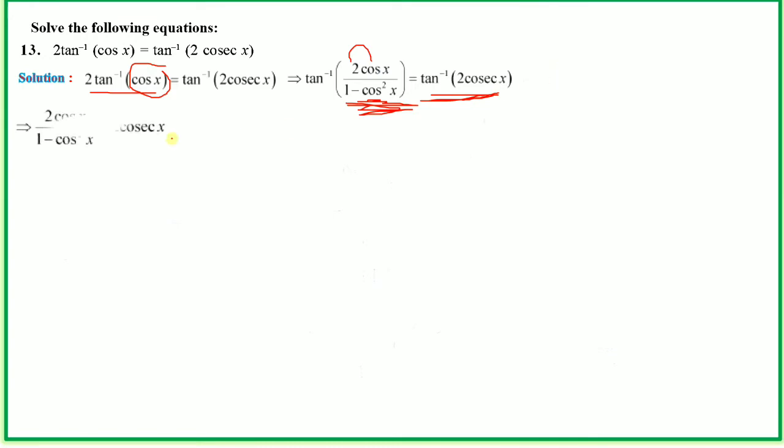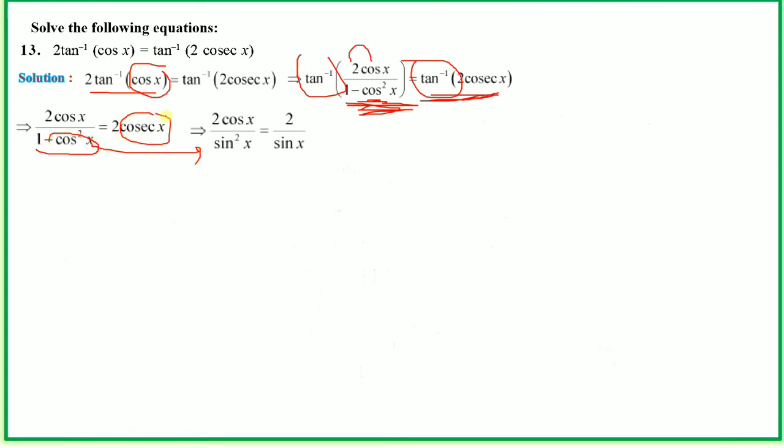Next step is 2 cos x upon 1 minus cos square x is equal to 2 cosec x, as tan inverse and tan inverse removed, as we have taken tan both sides. Now general trigonometry, 1 minus cos square x is equal to sin square x, and cosec x is equal to 1 upon sin x here.